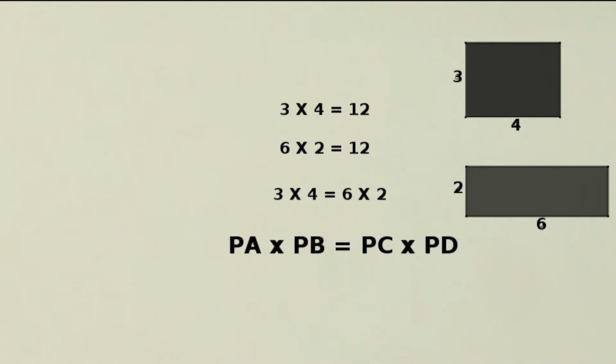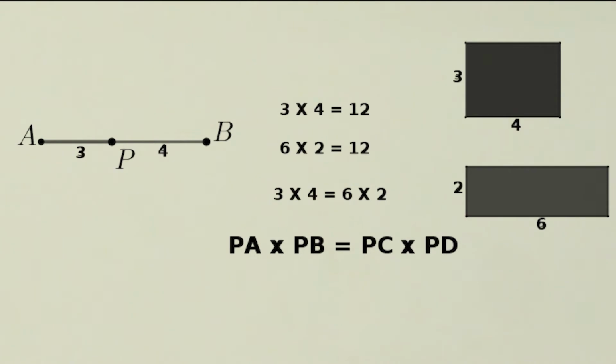My first rectangle has sides 4 and 3. So what I am going to do is, I am going to draw a chord with two parts 4 and 3. Let's mark it as AB. So AB is a chord of 7 centimeters which is split into 4 centimeters and 3 centimeters.